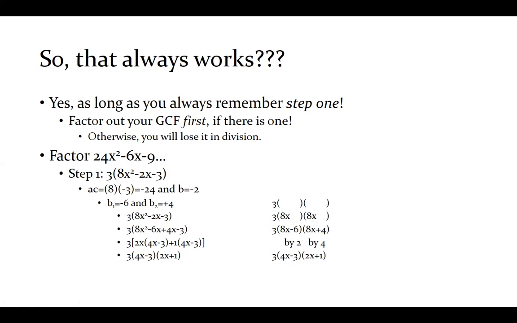The two numbers we found were negative 6 and positive 4, so plug in the negative 6, plug in the positive 4. 8x minus 6, we can divide both of those by 2, so we do it. 8x plus 4, we can divide both of those by 4, so we do it. And voila, there's our exact same answer.